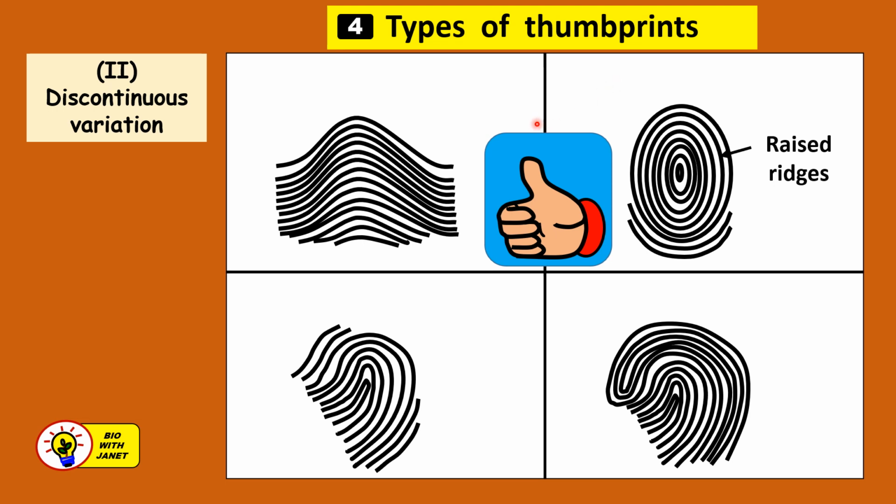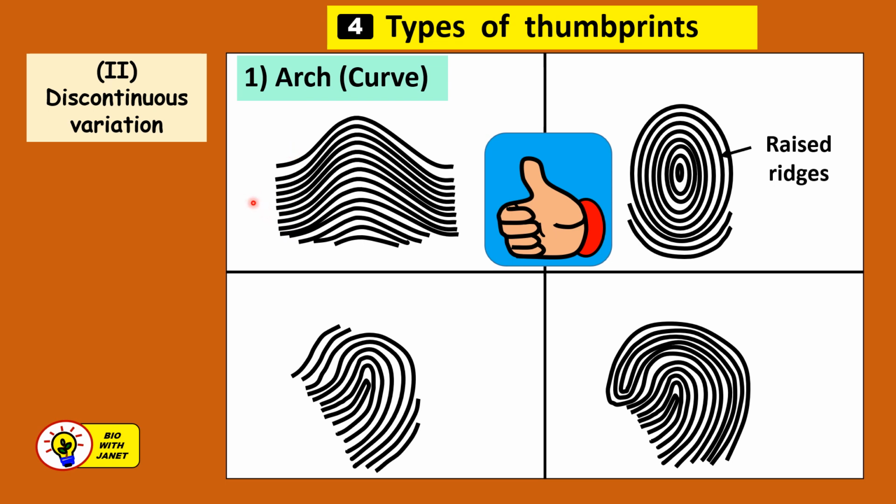All right. Now, the first type of thumbprint or fingerprint is called the arch or curve, where the ridges are the raised part of the skin, okay, on the thumb. So they form a pattern. The raised ridges on the skin form a pattern.